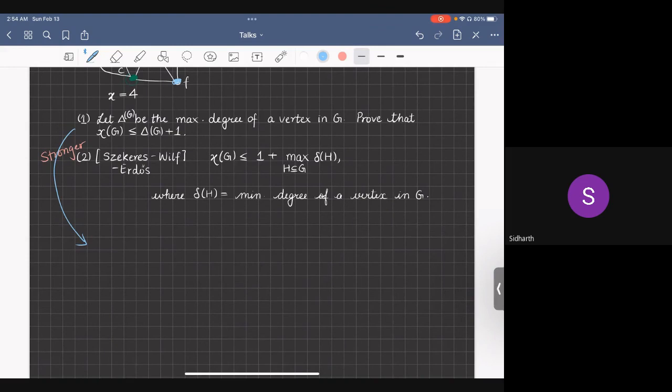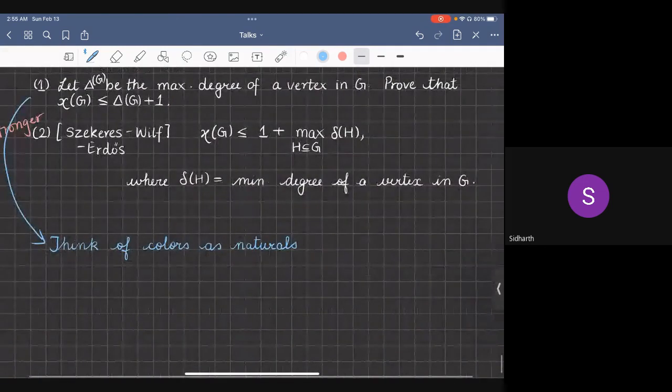So the idea for this is think of colors as natural numbers. Which means it's equivalent to assigning numbers in such a way that no two adjacent vertices get the same natural number.